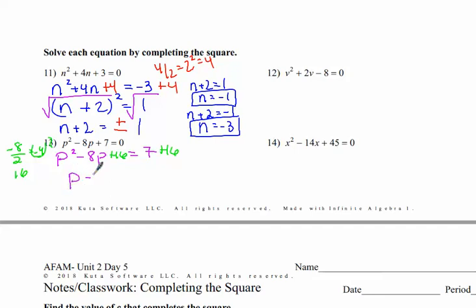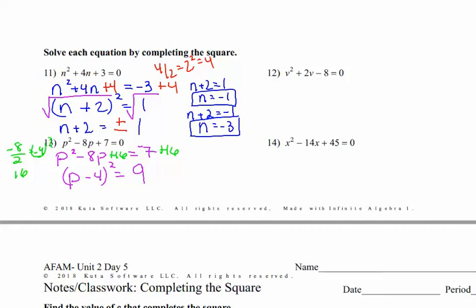I get p minus 4 squared equals, thank you. I was going to say it has to equal something normally nicer than that. And it equals 9.